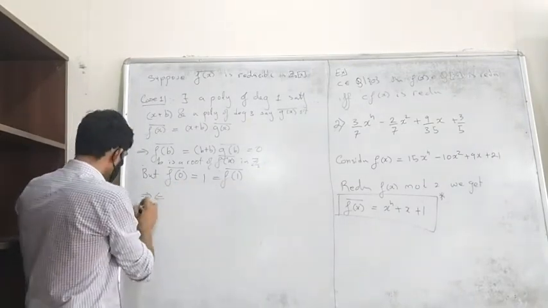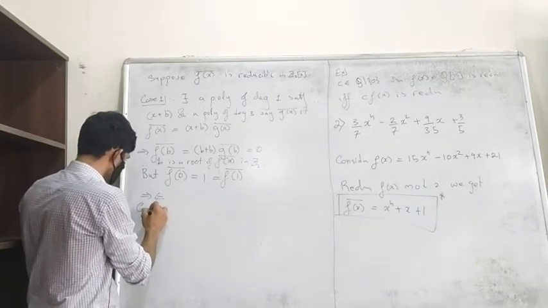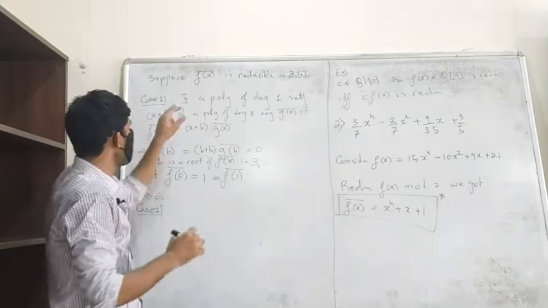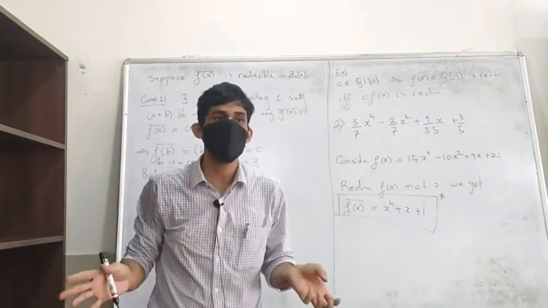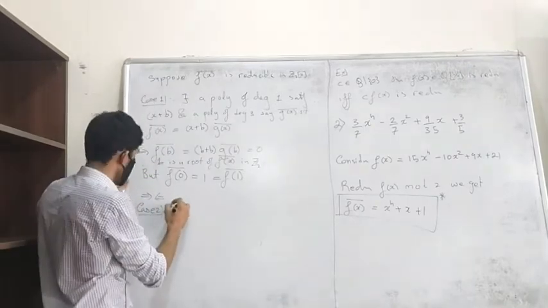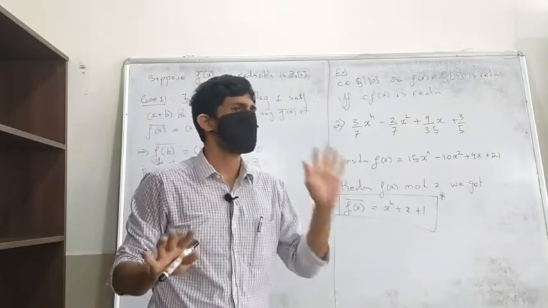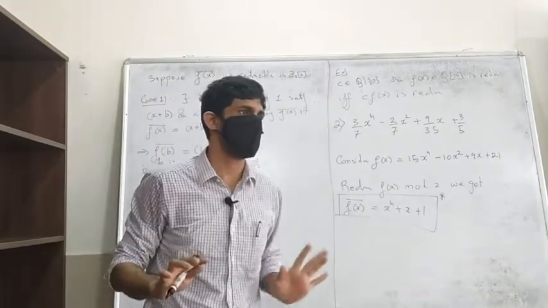The second possibility is you can break f as a product of two polynomials of degree 2. So let me put it directly: there is a polynomial of degree 2 which divides it.